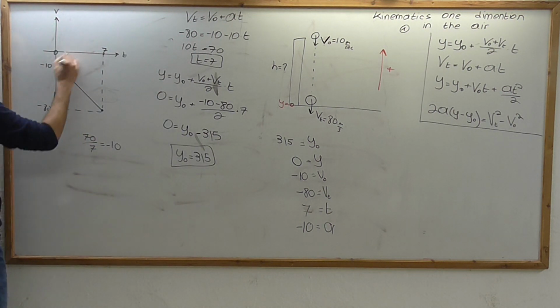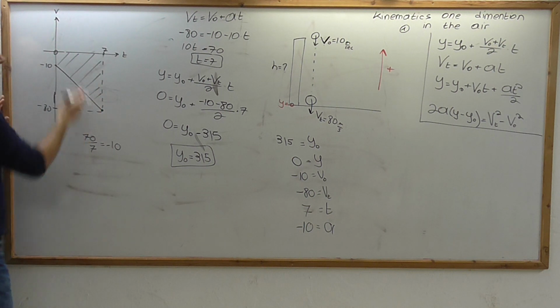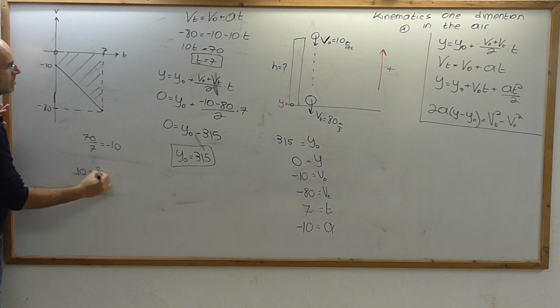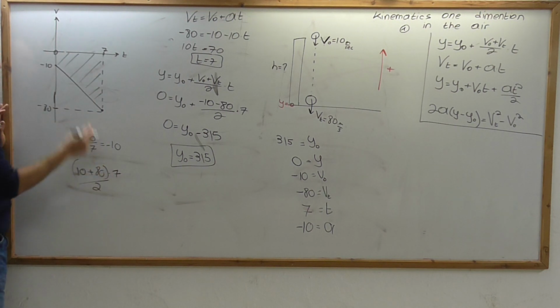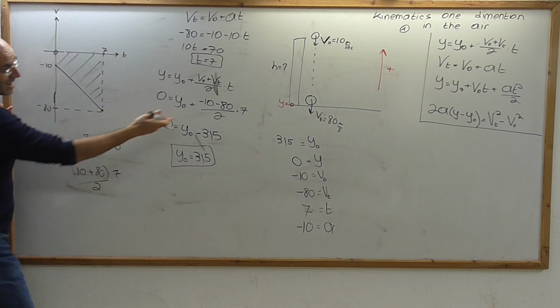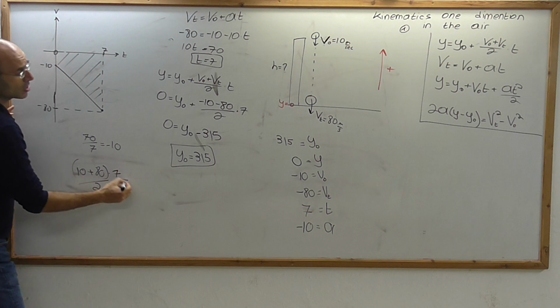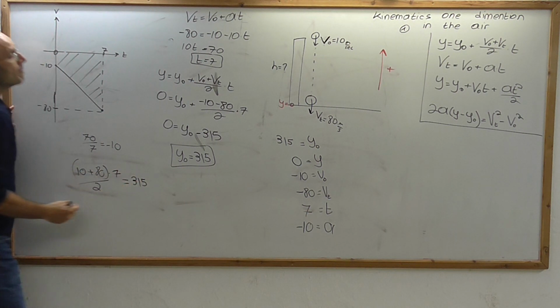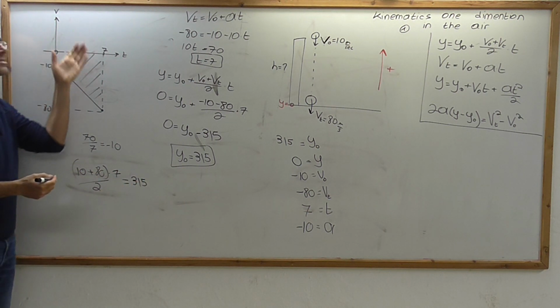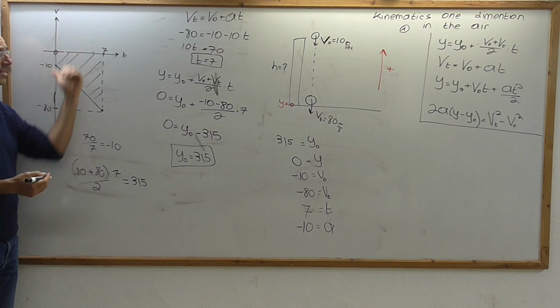If I calculate the area, again a trapezoid, I'll get 10 plus 80 multiplied by 7 divided by 2. Sum of bases, height divided by 2. Look, it's exactly the same calculation. It's 315. But why is the area under the time axis?